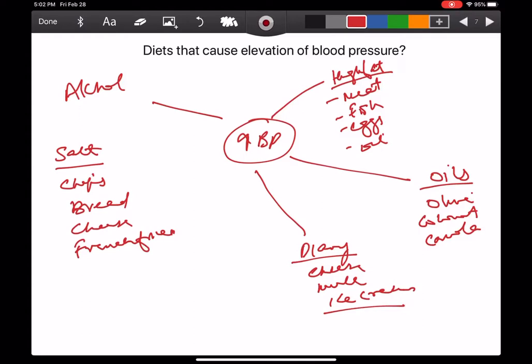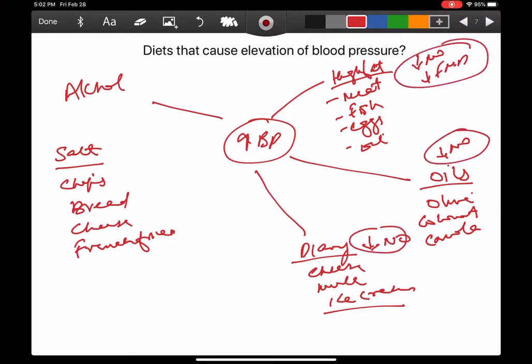The last three categories, that is high fat, oil, and dairy, cause increased blood pressure because they decrease the nitric oxide levels in your blood, which causes decreased flow mediated dilation. A decrease in the flow mediated dilation in turn causes your blood pressure to rise.